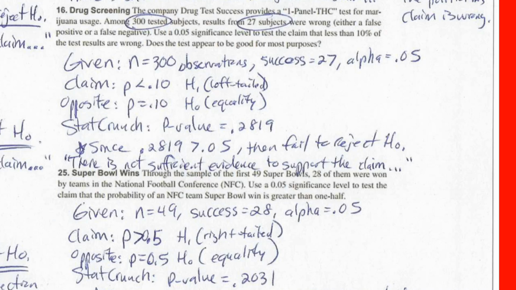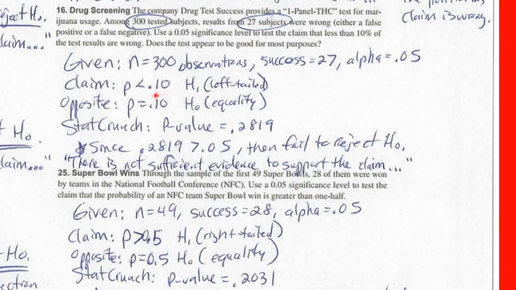Opposite is equality. Now we enter all this in StatCrunch, we get a p-value of 0.2819. That's kind of big. This is actually bigger than 0.05. So then we fail to reject H0. Okay, we don't have enough evidence to support this claim.